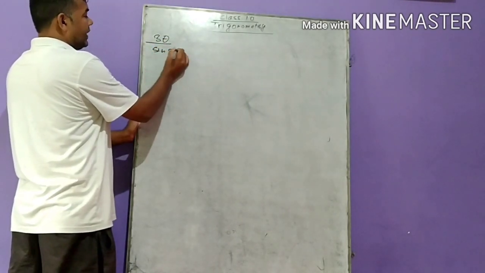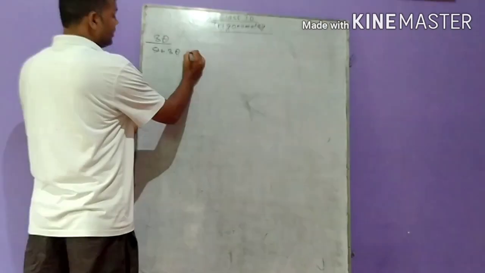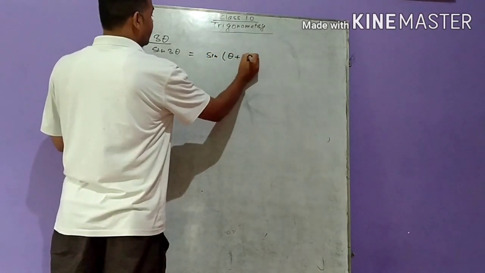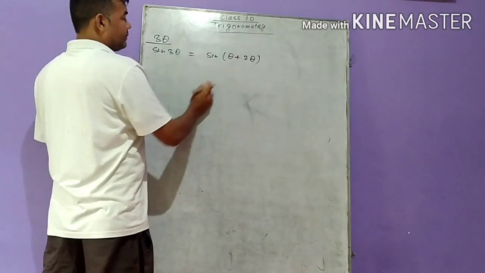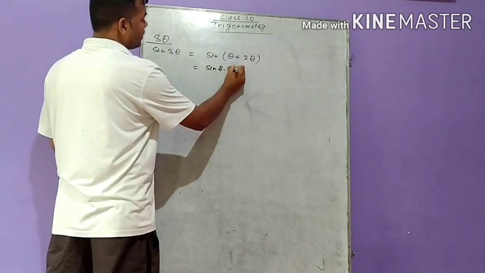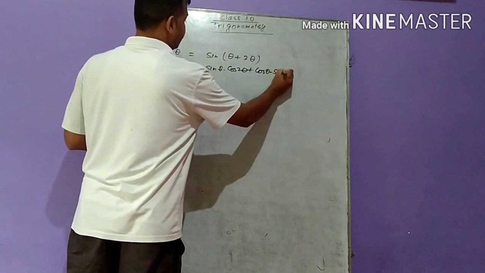Suppose we are going to find identities related to sin 3 theta. What we can do? We know that sin 3 theta can be written as sin of theta plus 2 theta. So it is sin A plus B. So we can write sin A into cos B plus cos A into sin B.